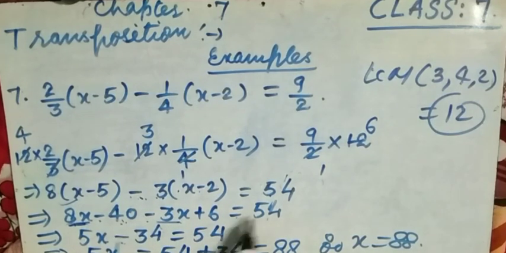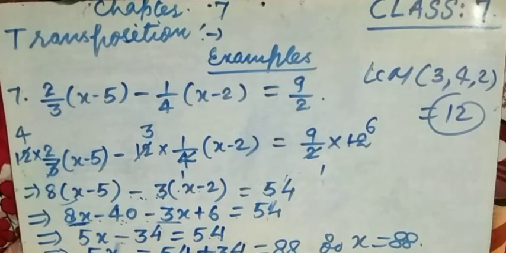This is equal to 54. Now we have to transpose this minus 34 to the right hand side, changing its sign.